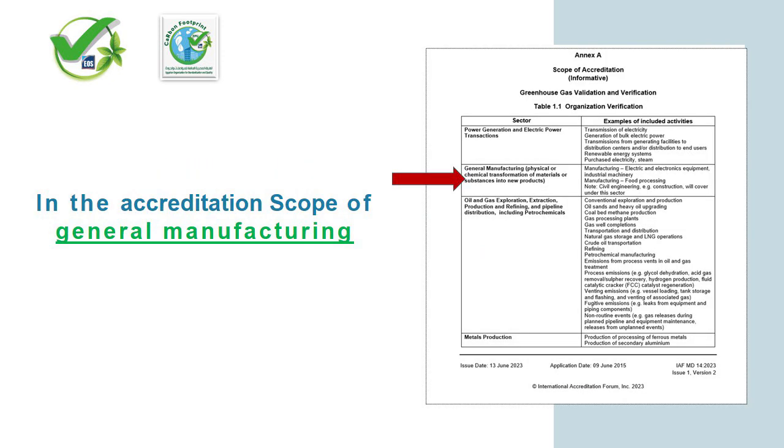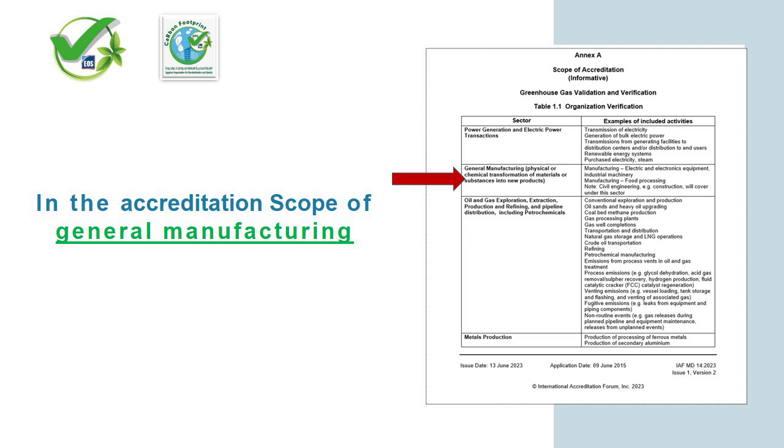The scope of this accreditation is general manufacturing, and the definition of this scope is mentioned in the table: physical and chemical transformation of materials or substances into a new product. There are variants of products, for example, food processing and construction.